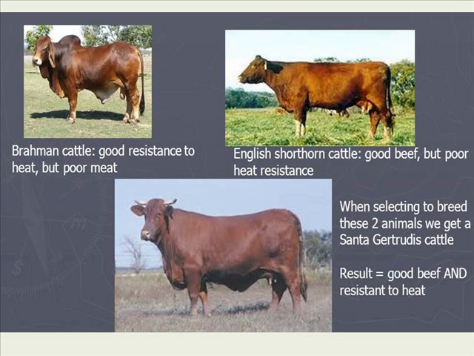Now the Shorthorn cattle, it doesn't do very good in hot climates, but its beef is very good. So by mixing these two animals together, you're hoping to create one that does have a resistance to heat, so it can live in warmer climates, and still produces meat that would be good to eat.